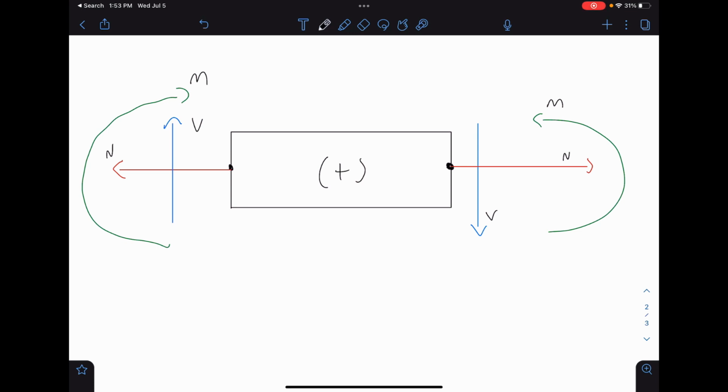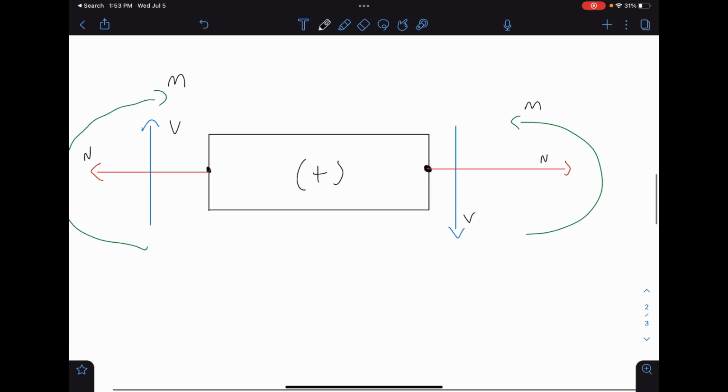As you can see, we made a cut on the right side of the beam here. So we put our shear force acting downwards, and you would say that's not positive, that's negative because it's acting downwards.